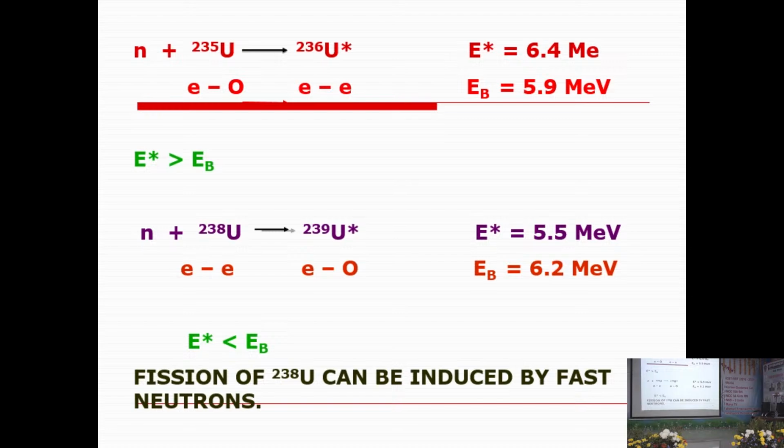It is higher than the energy gained by neutron induction. That's why fission is not possible in the case of thermal neutrons. If we increase the energy of this neutron, then we can cross this barrier, and fission will occur in uranium-238 also with fast neutrons. The energy of the neutron has to be increased. Okay, the fission of uranium can be induced by fast neutrons.